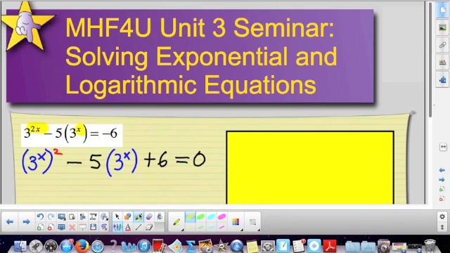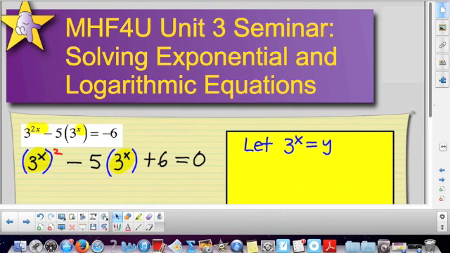Really focus on the fact that now the question is written so that the bases are exactly the same. Instead of the same base with different exponents, now my base and the power are exactly the same. So I'm going to let 3 to the power of x be equal to y.